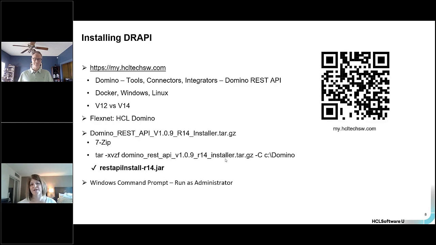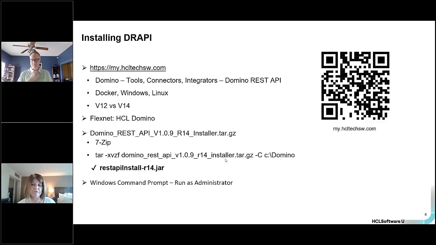I found out that there are programs you can download to unzip or uncompress it. I found one tool called 7-Zip that I like because it's free and easy to use, and it allows you to extract the contents of the tar.gz.